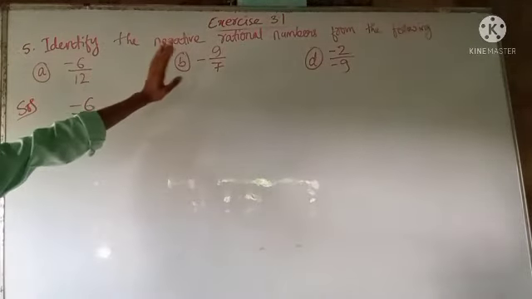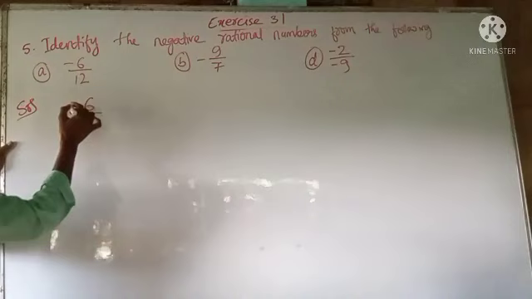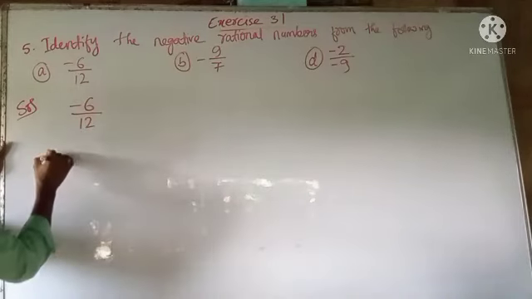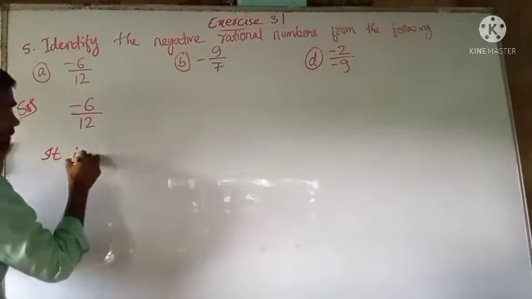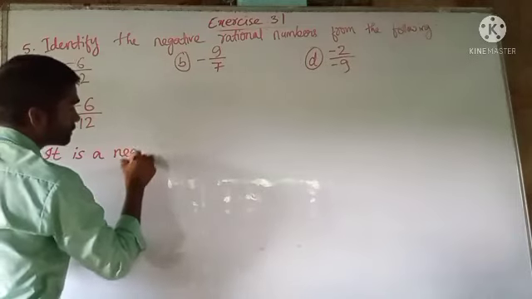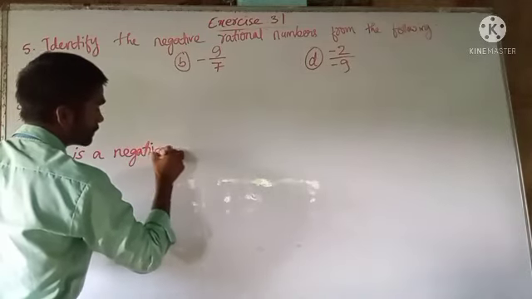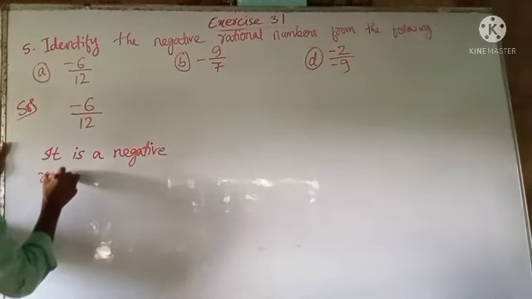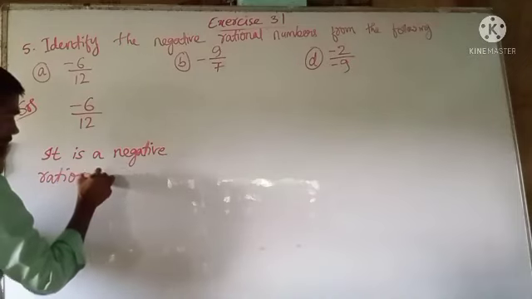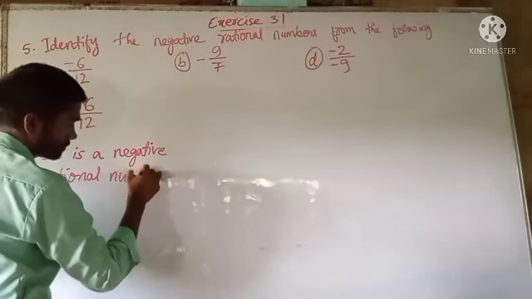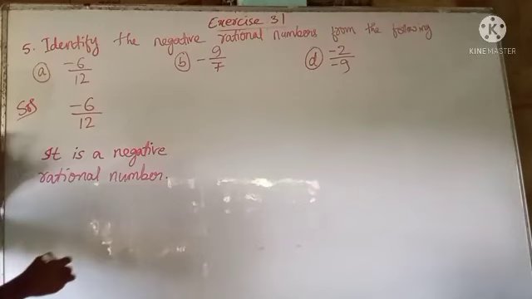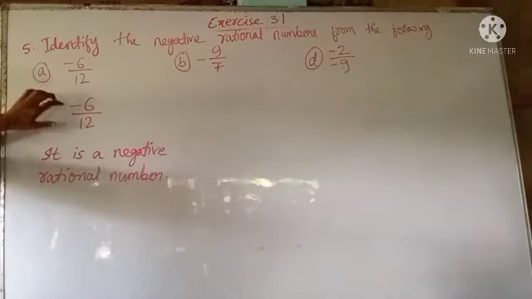I have already explained you. So here minus 6 by 12 is a negative rational number. Why? Because here we can see only one minus sign in it.